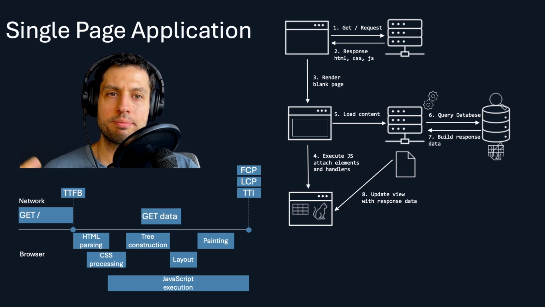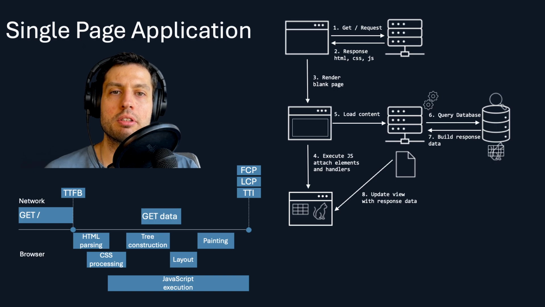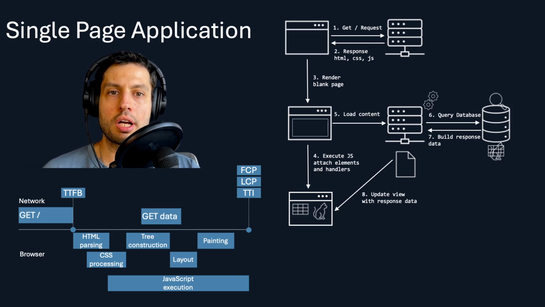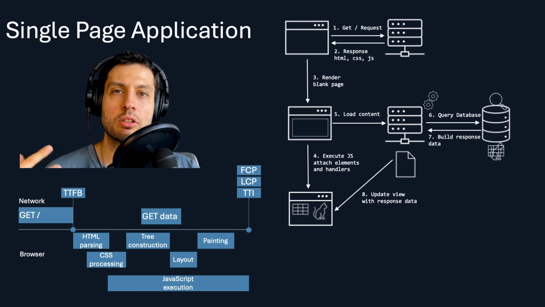What is the flow here? First, we make a GET request, then we are returned the HTML with the shell of the application, together with all of the CSS and JavaScript containing the framework that needs to be executed. Then, if we need to, we can load data in order to enrich our page. So we can make another call to the server.